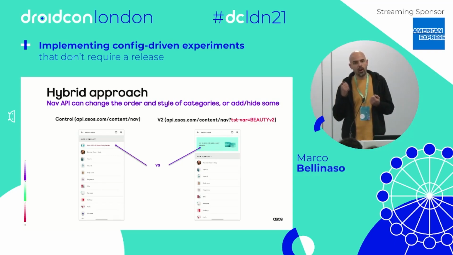So only the API changed in this case, to return JSON that was different in the second case, to have different attributes that describe how the first item in the page must be rendered, and on the client side we just respect that JSON.